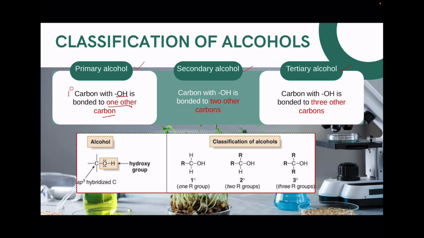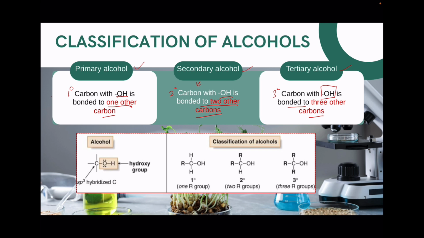Meanwhile, secondary alcohol is where the hydroxyl group is attached to the secondary carbon, where this carbon is bonded to two other carbons. Last but not least, tertiary alcohol is where the hydroxyl group is attached to the tertiary carbon, where this carbon is bonded to three other carbons.